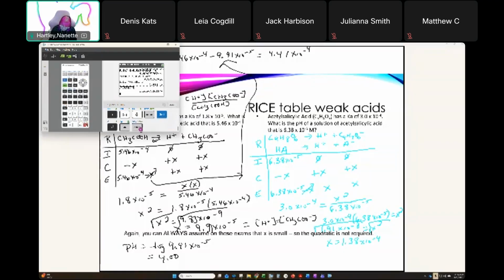And again, that is the concentration of the H plus, and it's the concentration of that C9H7O6 minus.